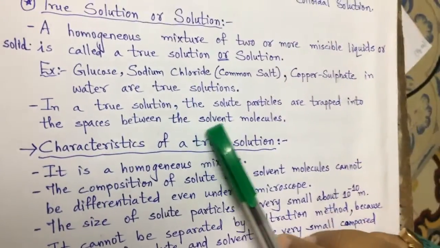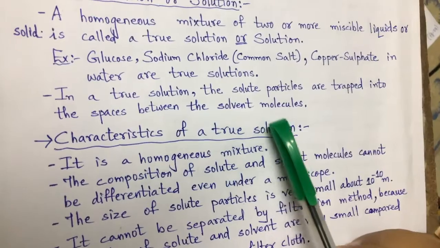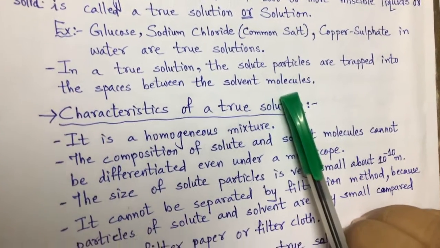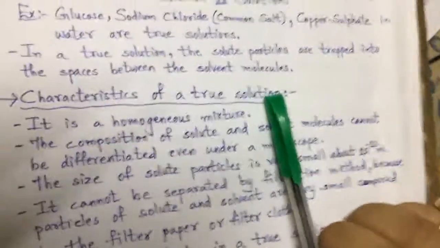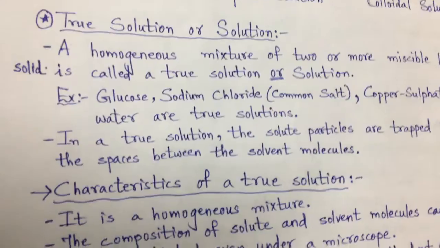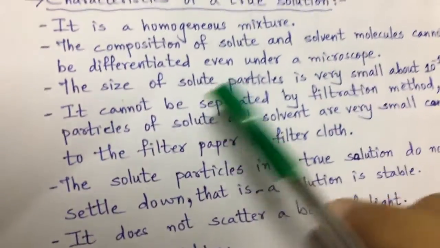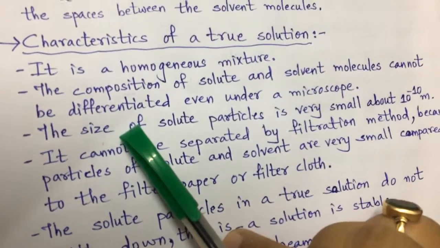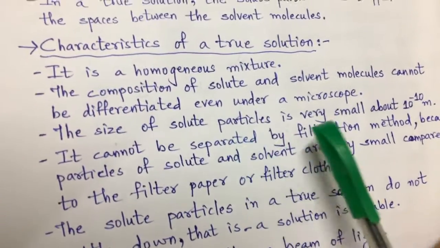If you see, the solute particles are trapped into the spaces between the solvent molecules. If you try to observe it properly, even with your naked eyes or even with the microscope, the solute and solvent molecules cannot be differentiated. The size of these solute particles is very small.